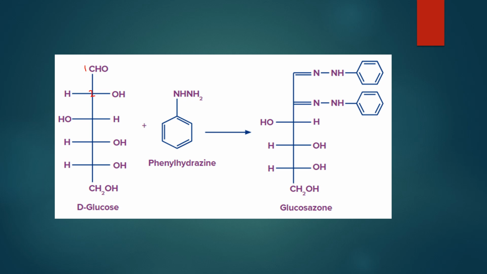The oxazone reaction involves these two carbons, 1 and 2. Because the other carbons have the same structure in the ketoses and also in the aldoses, they produce the same oxazone crystals.